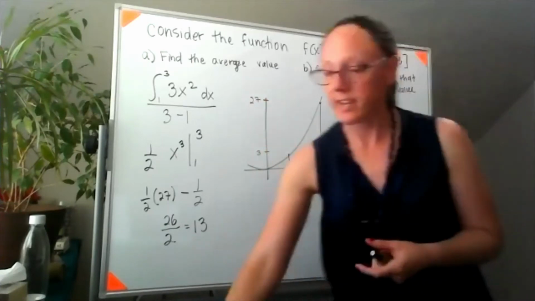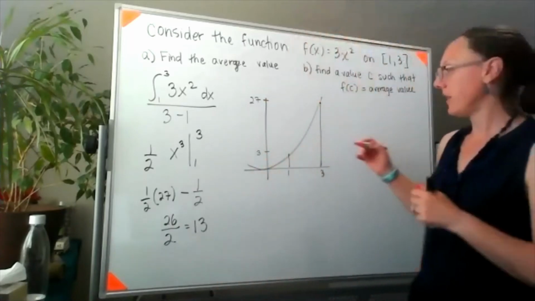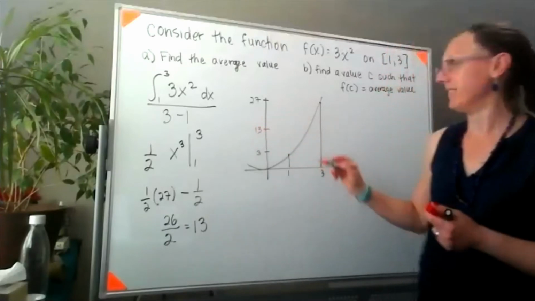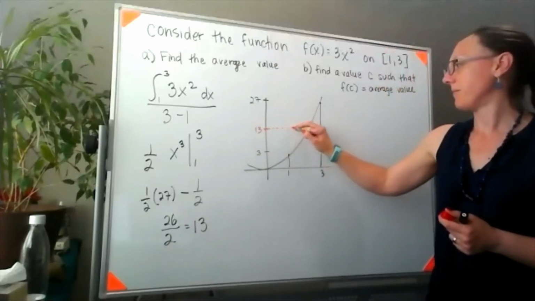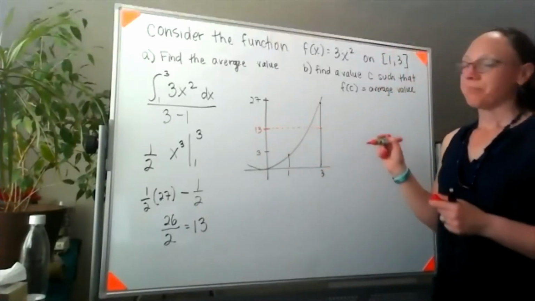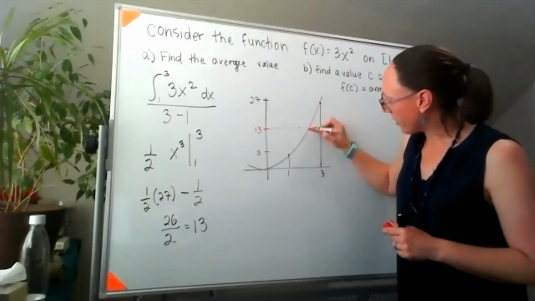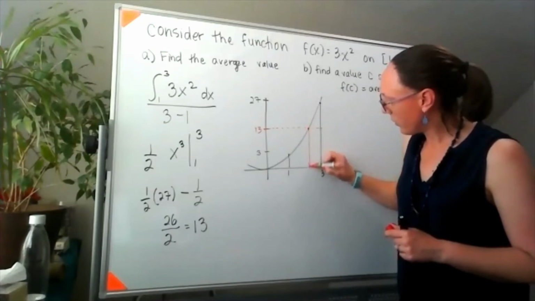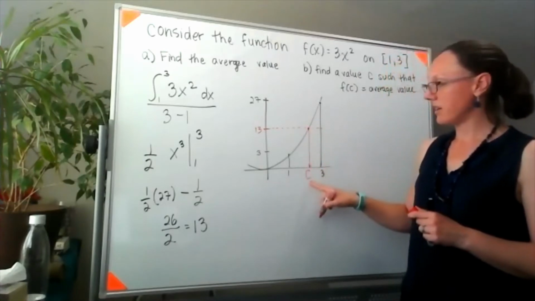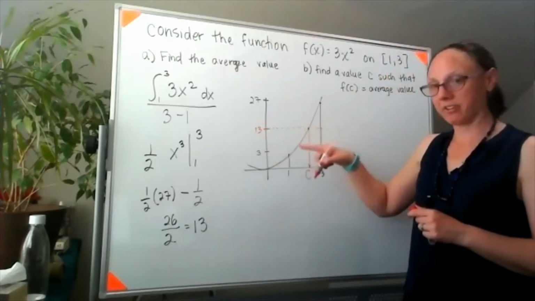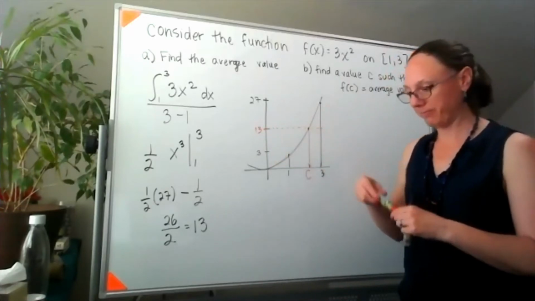So that 13 that we just found, somewhere in here, so what this means is we're looking for what's the value here such that the value of the function is equal to its average value on that interval.